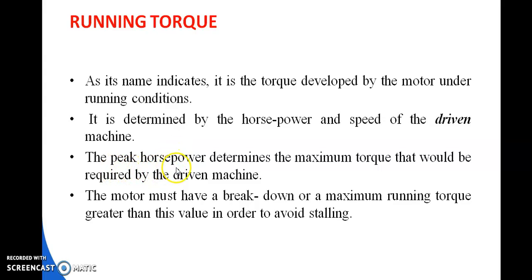The peak horsepower determines the maximum torque that would be required by the driven machine, and the motor must have a breakdown or maximum running torque greater than its value in order to avoid stalling. So the running torque is nothing but the normal operating torque.